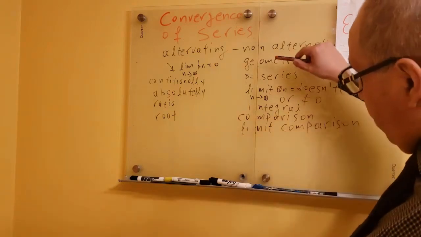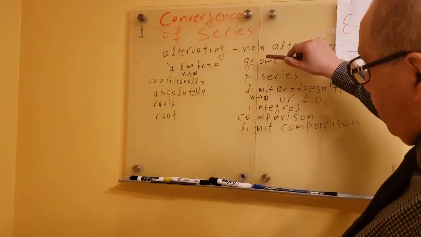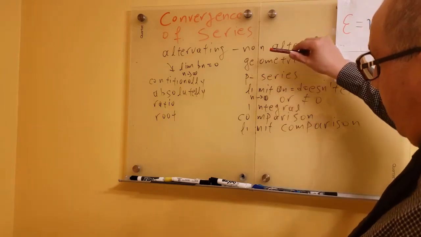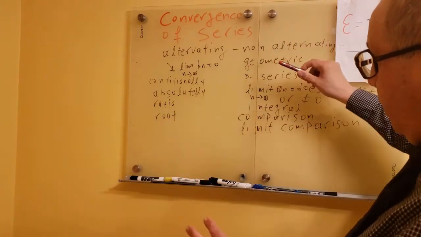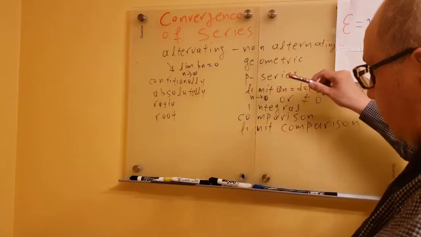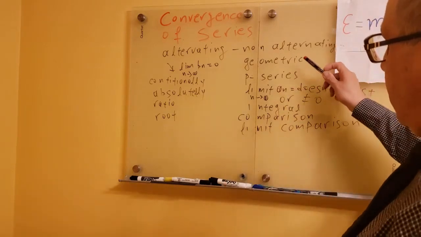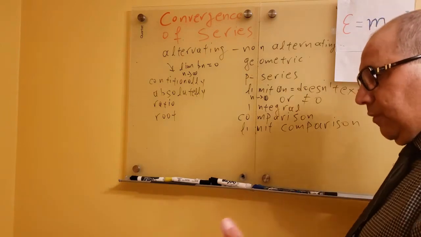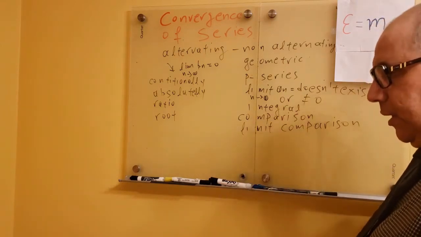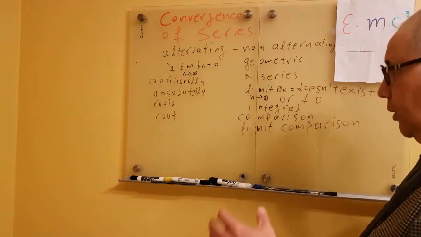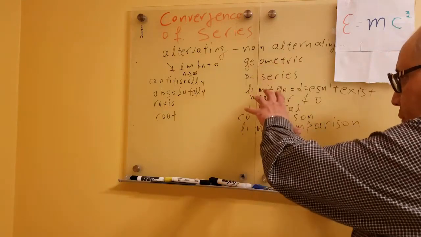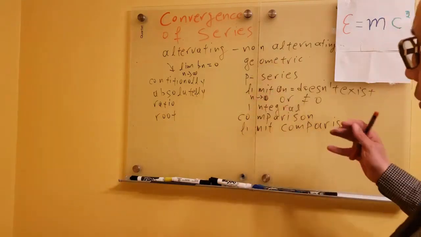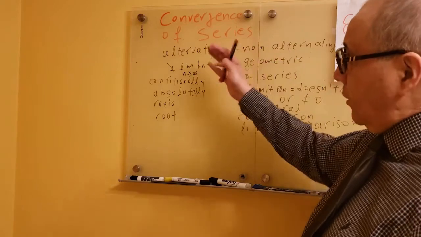That's the order in which you should start checking the convergence or divergence of a series, because geometric and P series are the easiest to identify as convergent or divergent, and the rest follows. So now let's go to alternating series.